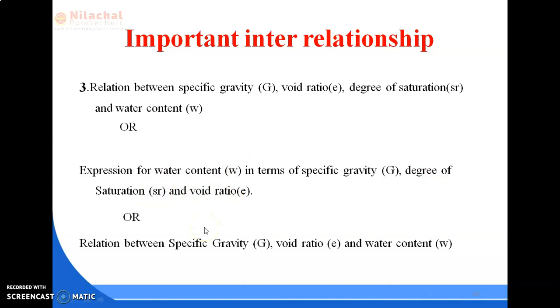Or the question may be changed like relation between specific gravity G, void ratio e, water content w. So questions are different, but the answer is the same. Only the way it comes in the exam is different. This is an important interrelationship from the exam point of view.